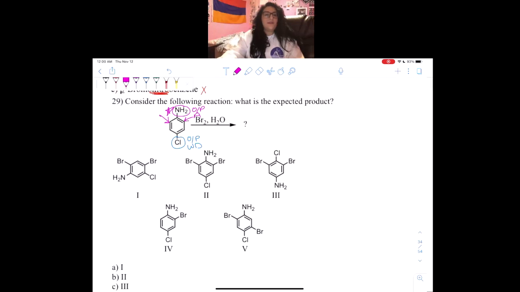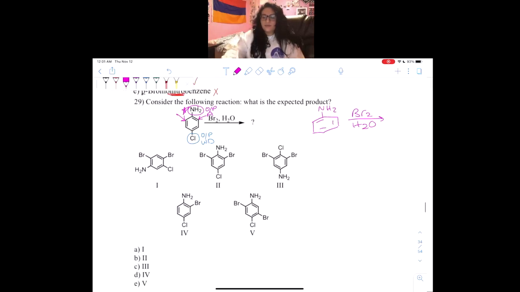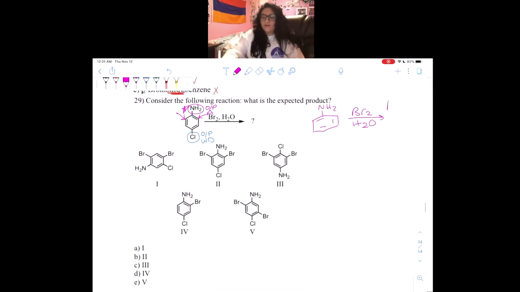Now, please be very careful, and please take note of this setup. If we have a benzene ring that has NH2 on it, and we react it with Br2 and H2O, in this case, we're actually going to get multiple substitution of bromine.